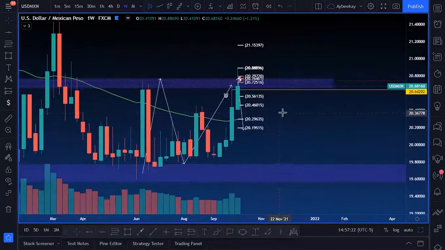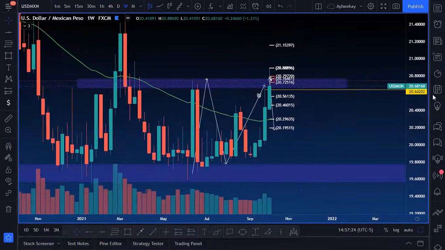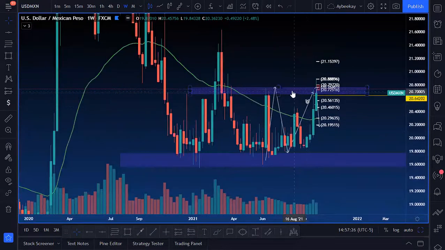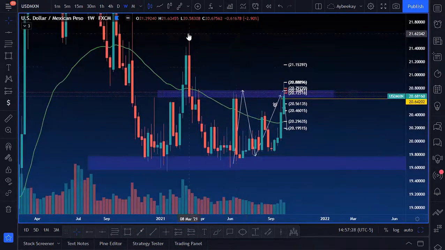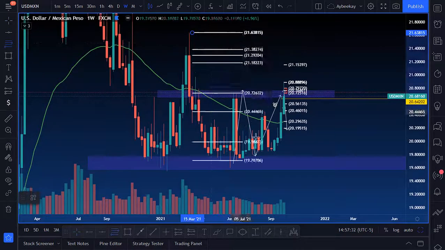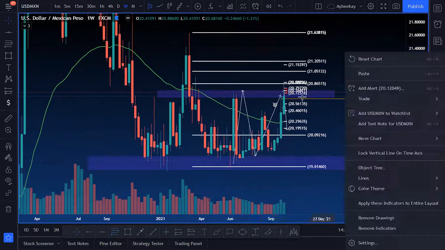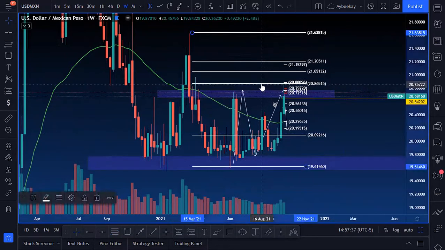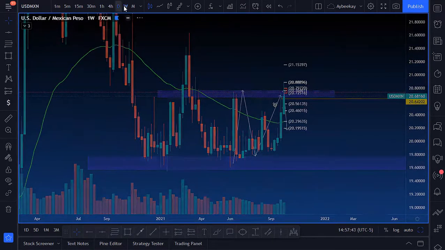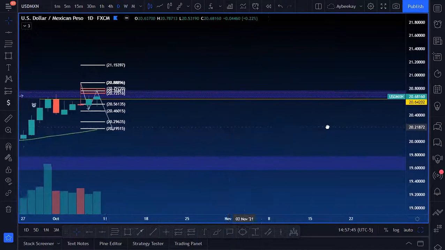According to this weekly time frame, it is still closing in between this zone. From this high to this low, we can still see that this is an area of interest. Price came up to the 61.8 and left a huge wick there above these equal highs. That's something you definitely want to watch out for on USD Mexican.